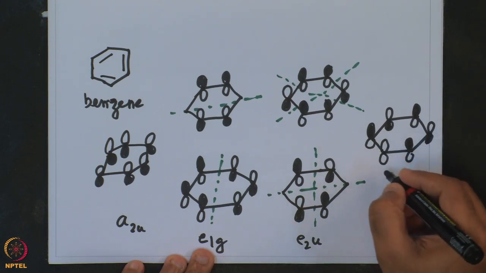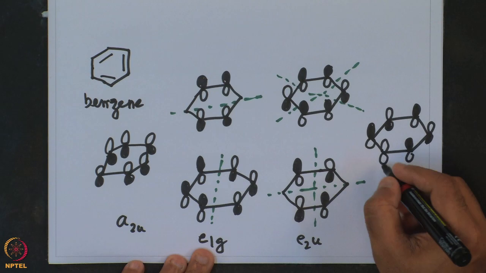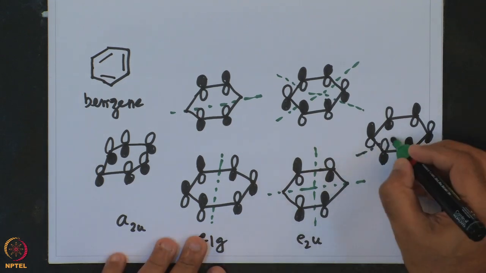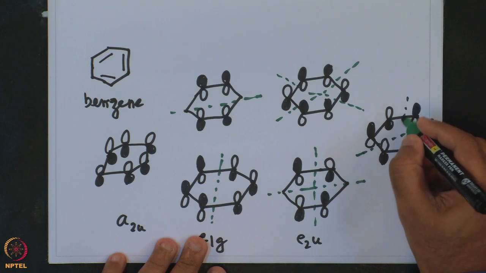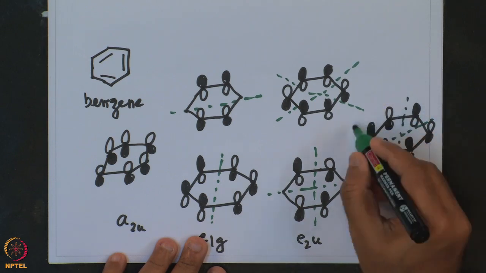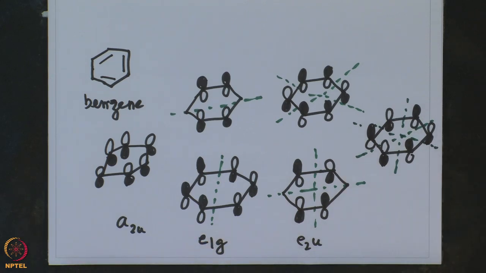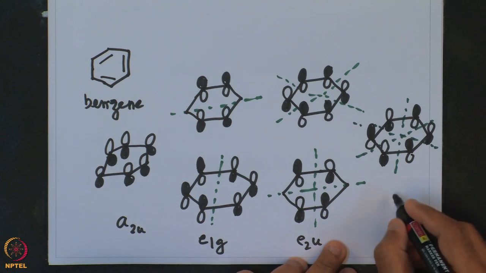It has alternate lobes of opposite phases and has 3 nodal planes. And this one is called B2G.